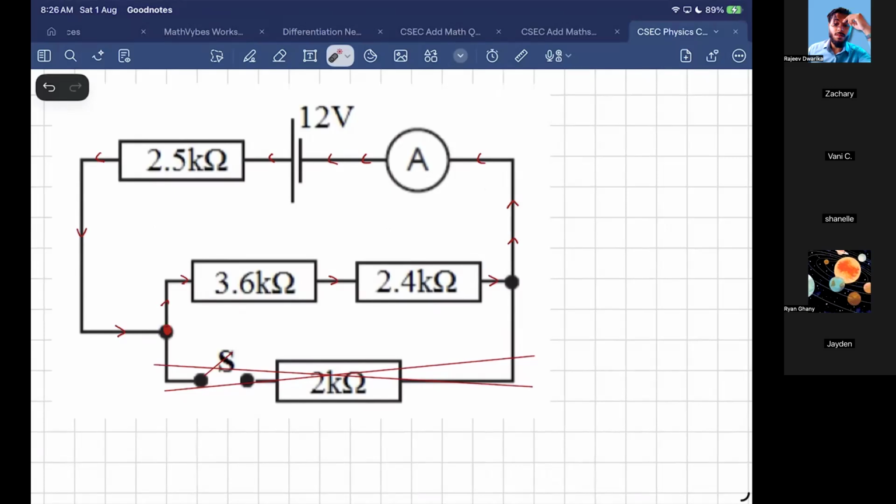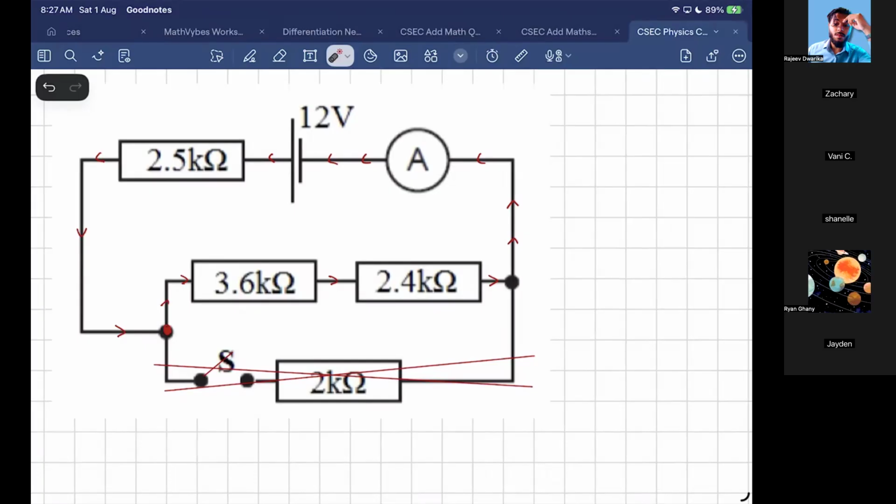You sure? Yes, sir. Why? Because the current is not going to be able to pass through the circuit. It wouldn't be able to split because the circuit is open since the switch is open. Exactly, the switch is open. How is the current going to be able to split, right?